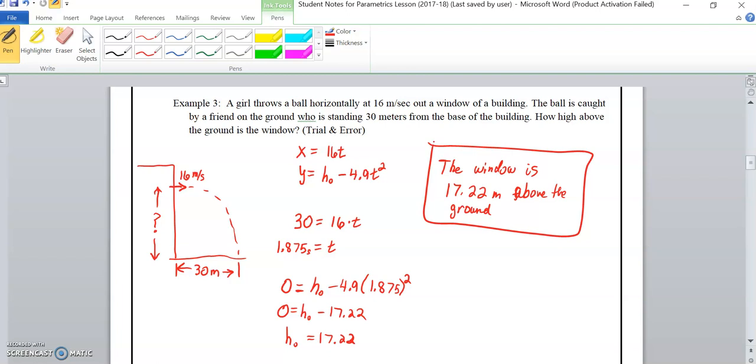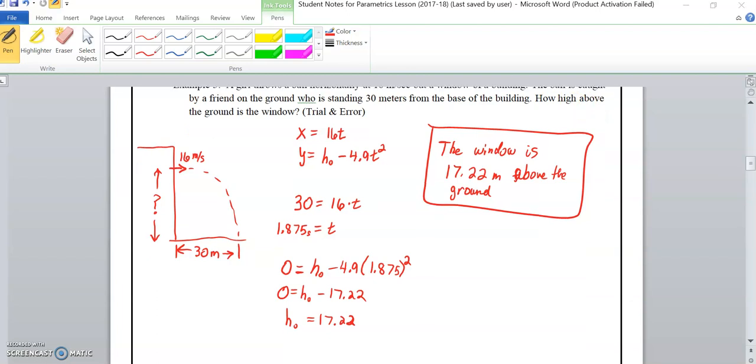So yeah, double checking we answered any questions. Sometimes the problem will actually ask for how much time is the ball or the object moving. But in this case, it does just ask for how high is the window. So I'm going to stop this video here because the next couple examples use an angular projectile.